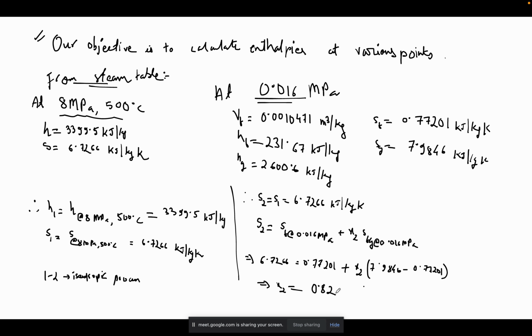Now that we have the dryness fraction at level 2, we need to calculate the enthalpy at 2. So H2 will be HF at 0.016 megapascal plus x2 times HFG at 0.016 megapascal, as simple as that.